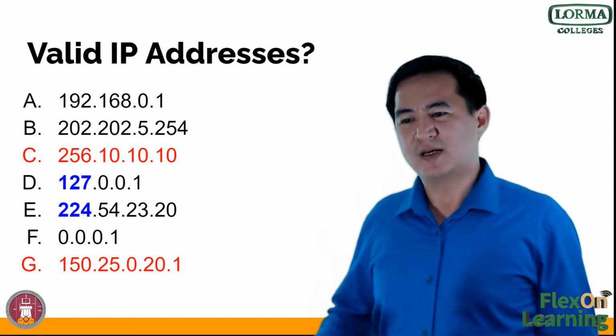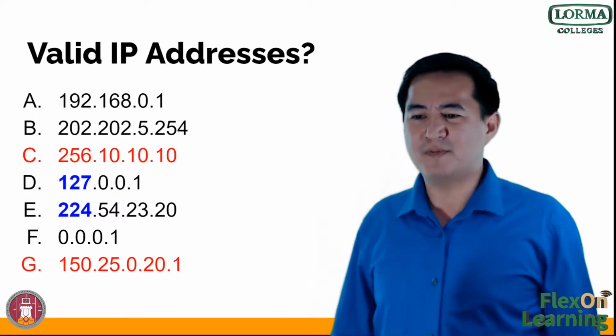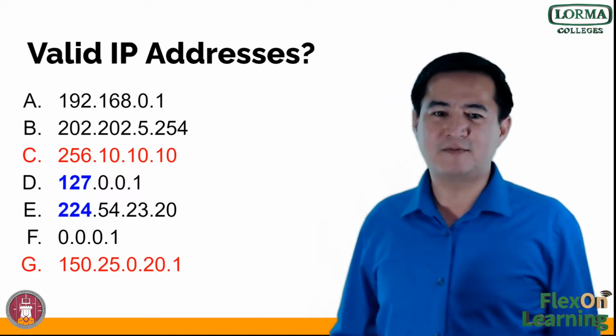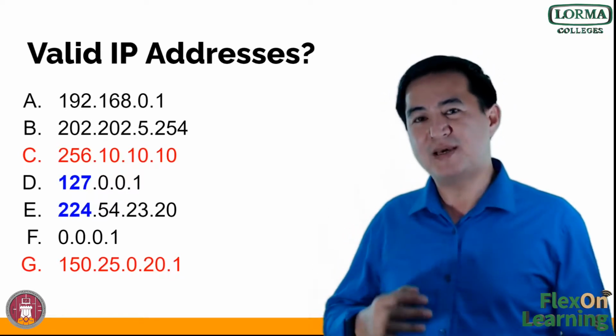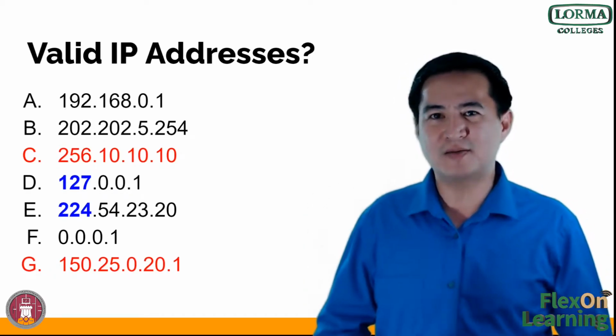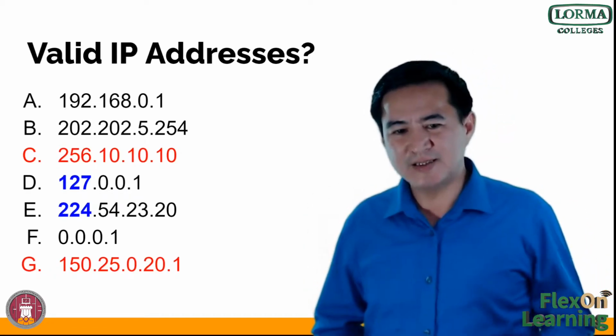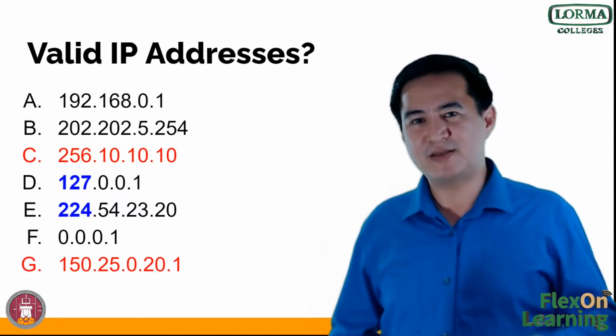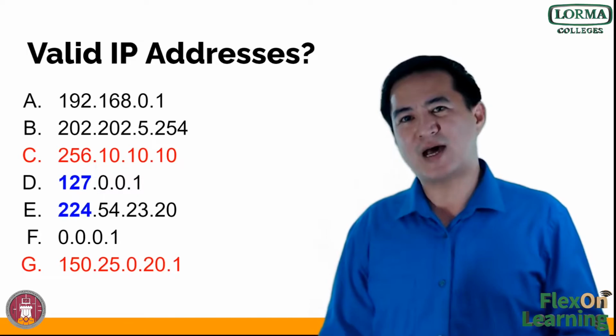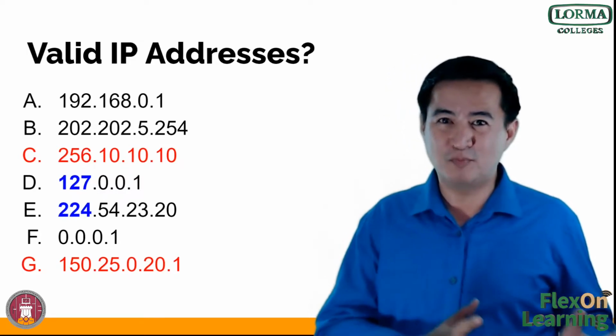Let's take a look. Letter C, you have 256.10.10.10. It's invalid because the first octet is 256, which is beyond 255 as the maximum number. Letter D starts with 127, 127.0.0.1, which is a special address, a loopback address.